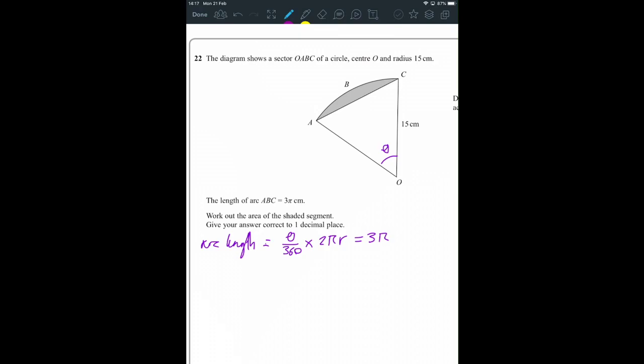We know r is also 15, so that's 2 pi theta times 15 over 360 is 3 pi. Pi's can cancel, I'm just going to cross them straight out. 2 times 15 over 360 is a 12, so theta over 12 is 3. So the angle is 36 degrees.